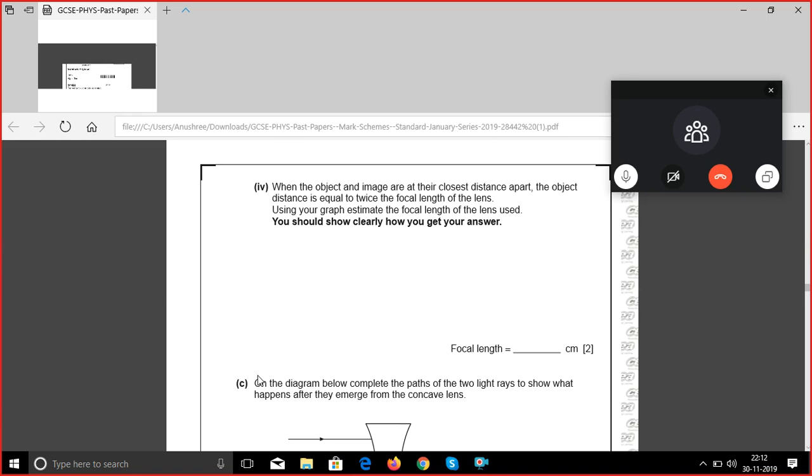Using a graph, estimate the focal length of the lens used. So use this graph and calculate the focal length.